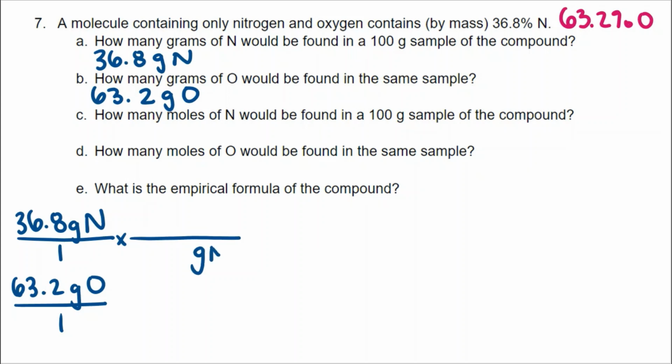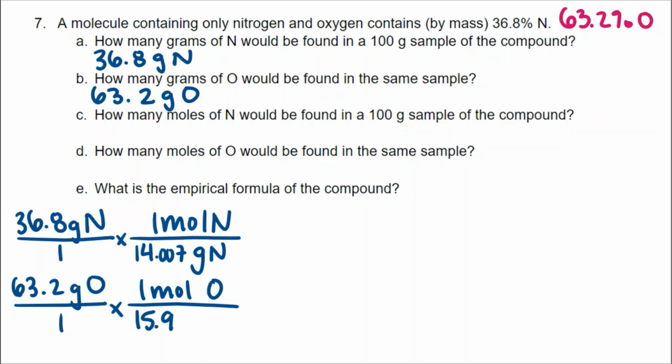So 1 mole of nitrogen has a molar mass of 14.007 grams. And 1 mole of oxygen has a molar mass of 15.999 grams.